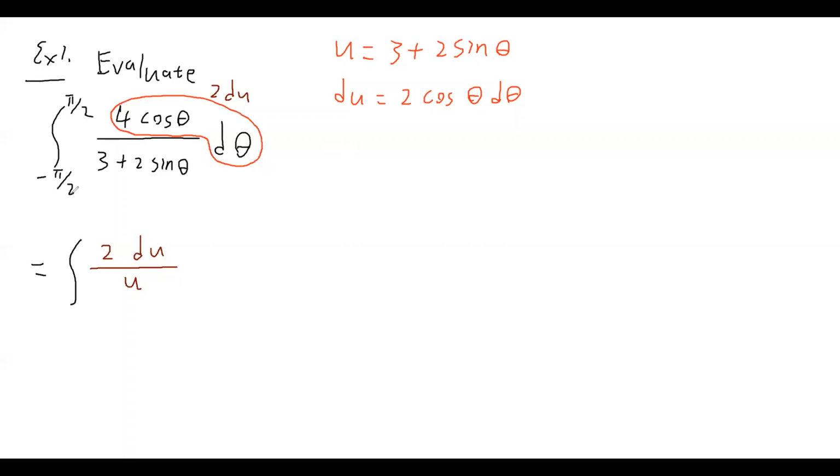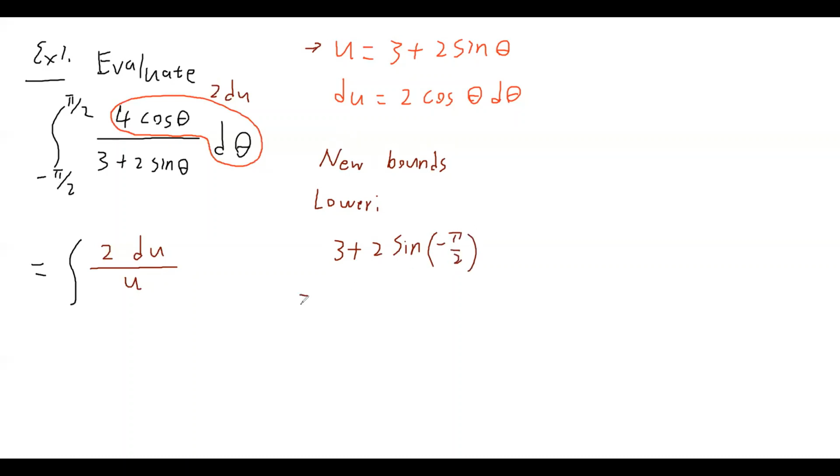All right, now let's take care of the bounds. So we have to plug in negative pi over 2 and pi over 2 in here. All right. So let's say new bounds. Right. So lower bound is going to be 3 plus 2 sine theta, sine of the lower bound, which is negative pi over 2.